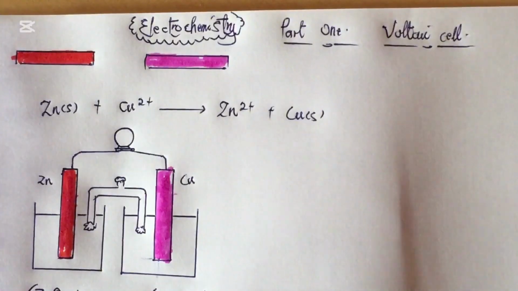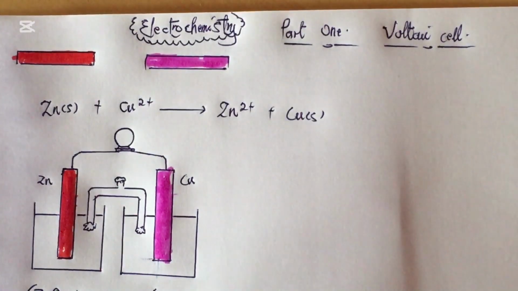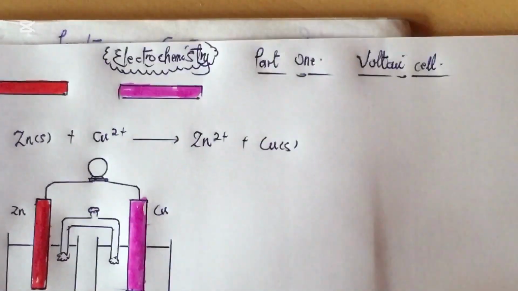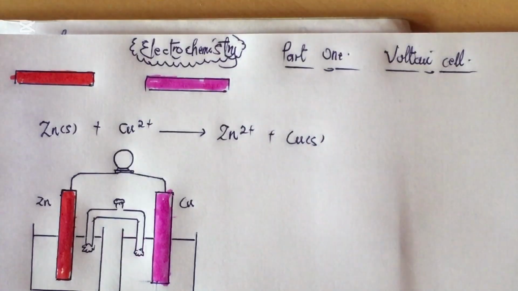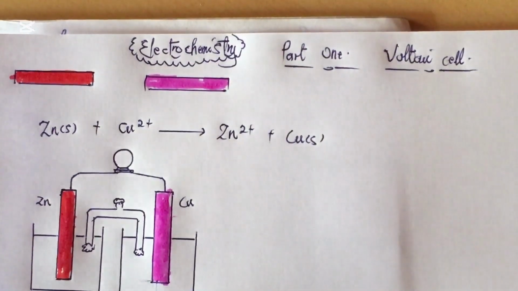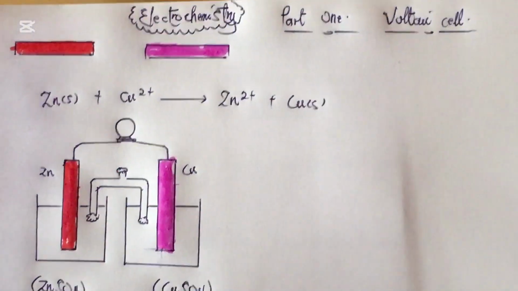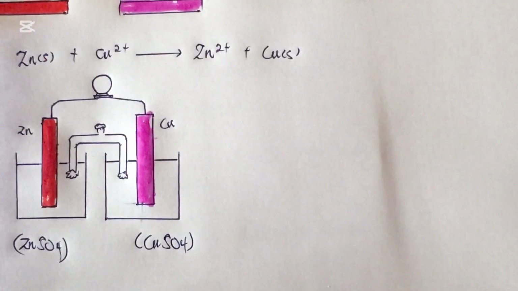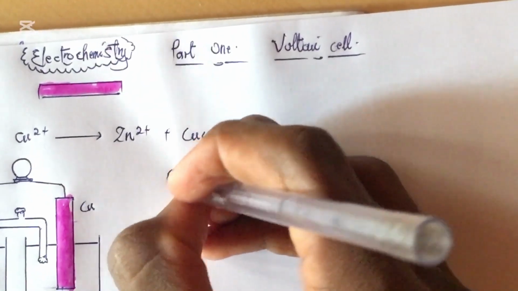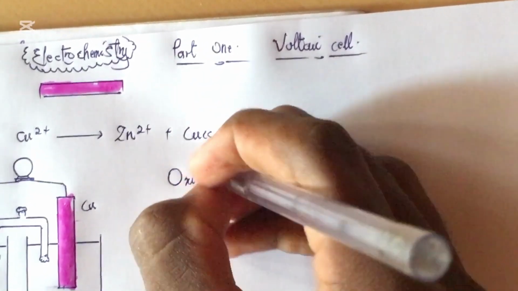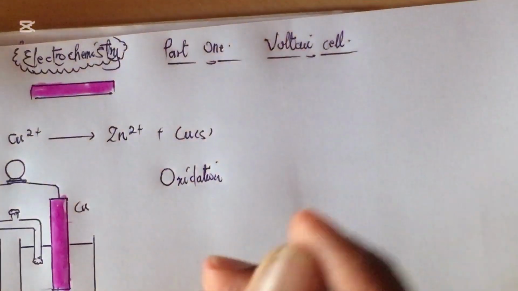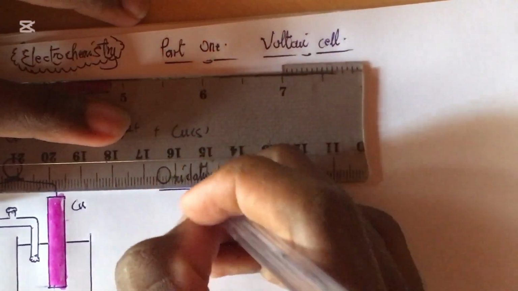So having something like this, there is a redox reaction occurring, and this is the equation that I've illustrated here. For this particular redox reaction, we are seeing that the zinc metal is undergoing an oxidation reaction. Let me write the oxidation half. For better understanding, let's split our reaction into an oxidation half and a reduction half.